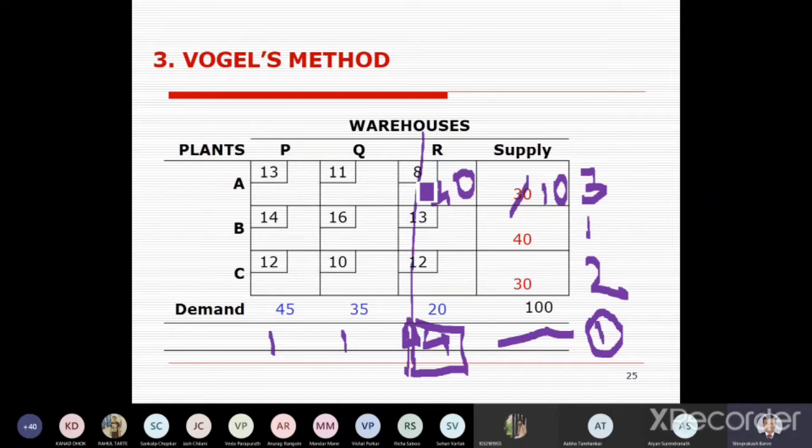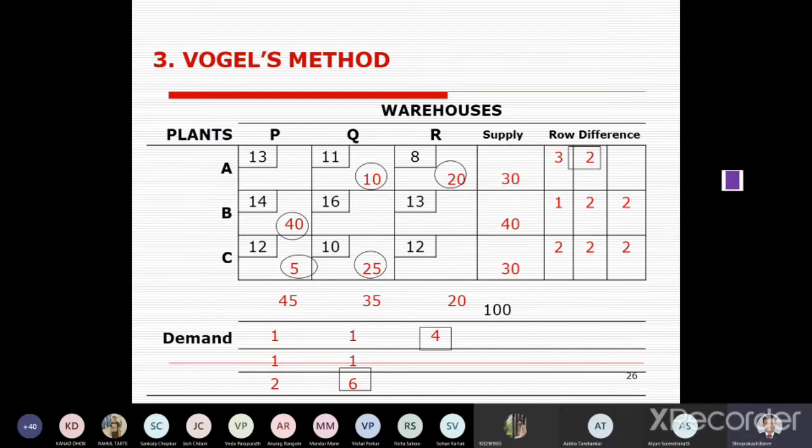Like this, we have to repeat this procedure till all these 100 units are shifted to the various warehouses. Here I have solved the complete numerical. For iteration number 1, we marked the row penalties and then the column penalties. Then we got 4 as the biggest penalty, so we started with 4.